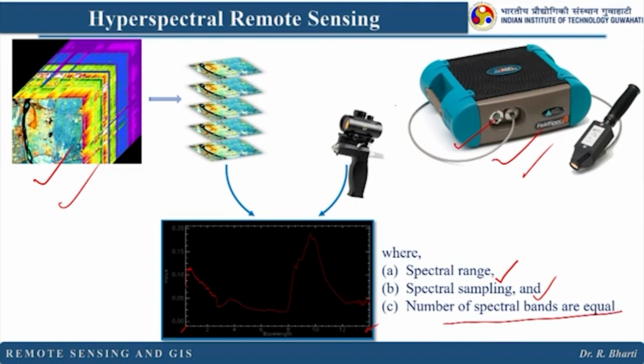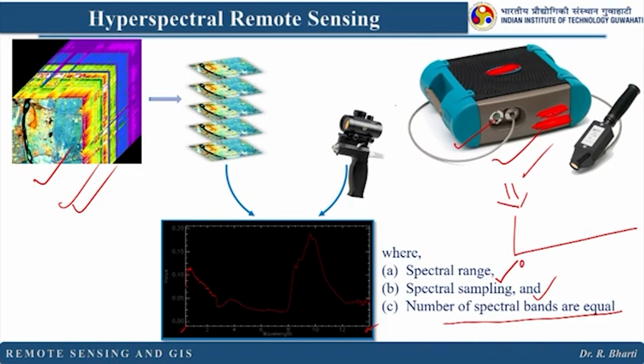Now, sometimes it happens that with this field instrument you may acquire more information than this space based measured data. So, assuming this is an instrument which is capable of giving the spectral response from 0.35 to 2.5 micrometer, and this is a hyperspectral image which has been captured between 0.4 to 1.5 micrometer.